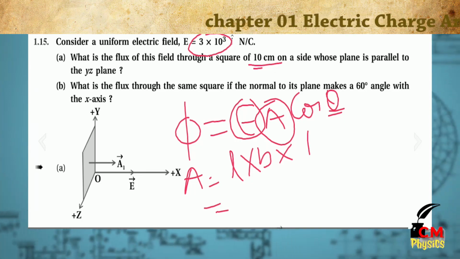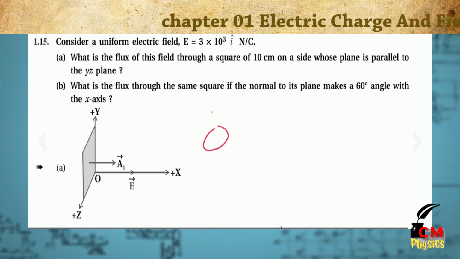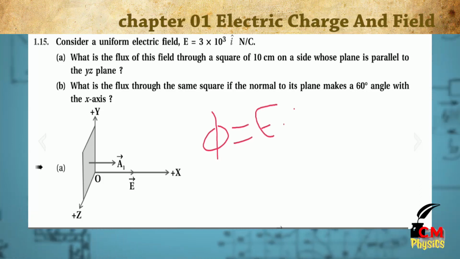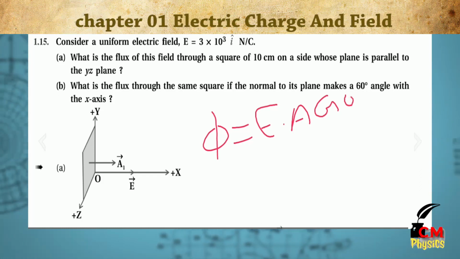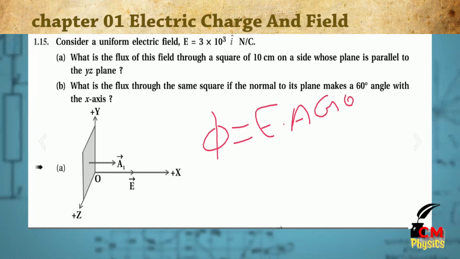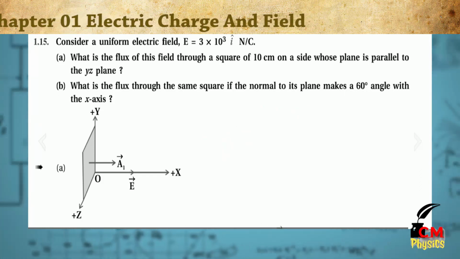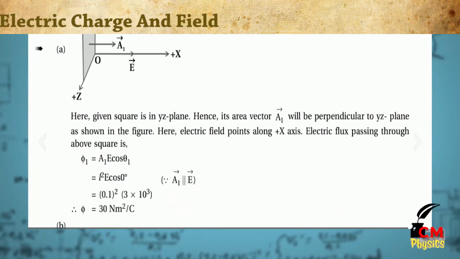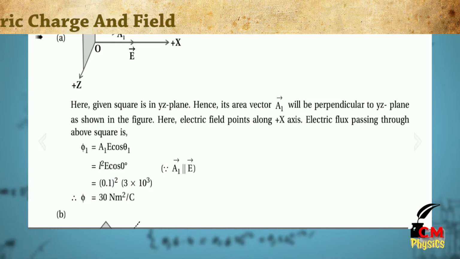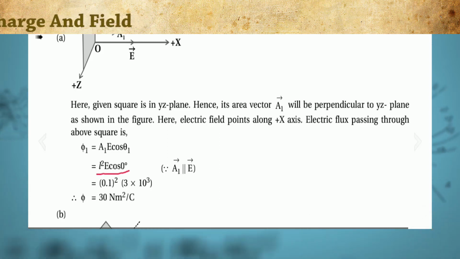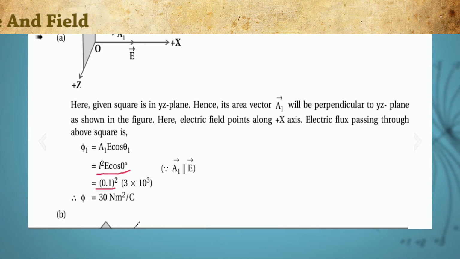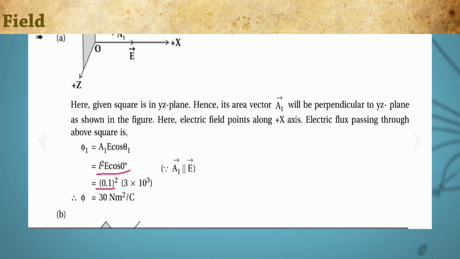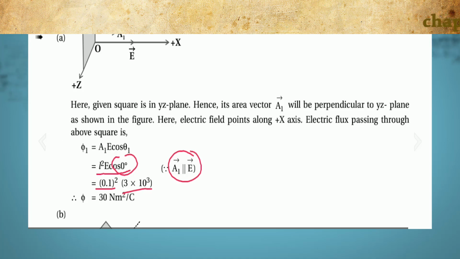That is one way of calculation, EA cos theta. Inside the solution on the screen, it's given in vector notation, and both calculations indicate the same way. The value of flux is EA cos theta, 0.1 square centimeter converted into meter, value of 3, and cos 0 is 1. Area vector and E vector are parallel to each other.